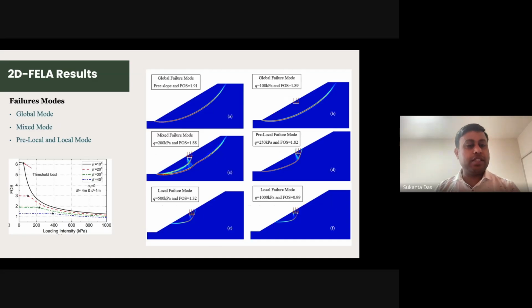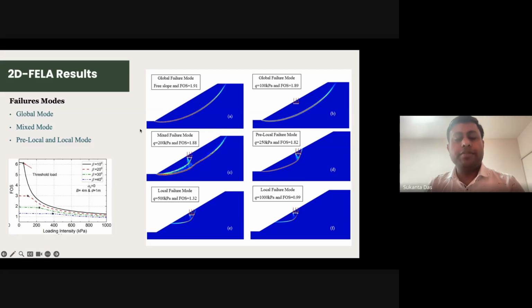Now we have discussed how the curve is coming from this elastic zone to this plastic zone, and then how it is going to reach the equilibrium. Does it have any relevance or relation with the failure mechanism? Yes, that also we have found.